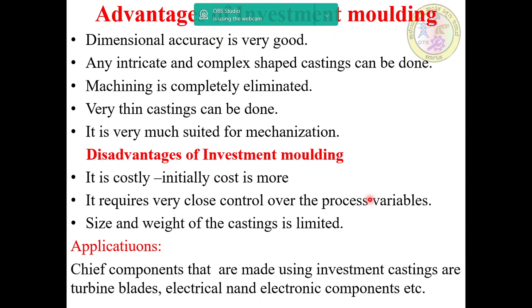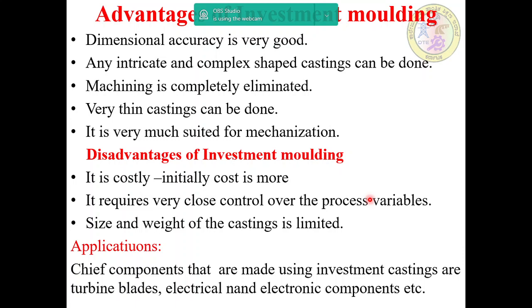The main advantages of investment casting: you get very good dimensional accuracy, and any intricate and complex shaped castings can be made. Machining is completely eliminated. Very thin castings can be made. It is very well suited for mechanization. The drawback is that it is costly, that is, the initial cost is more.